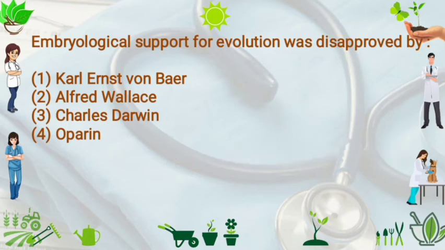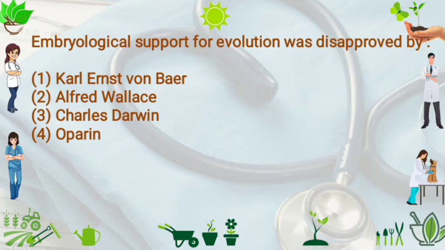And who is Alfred Wallace? Alfred Wallace is a British naturalist who co-developed the theory of natural selection and evolution along with Charles Darwin. Oparin was a Russian biochemist who claimed that life on Earth developed through gradual chemical changes of organic molecules in the primordial soup, which likely existed on Earth 4 billion years ago.